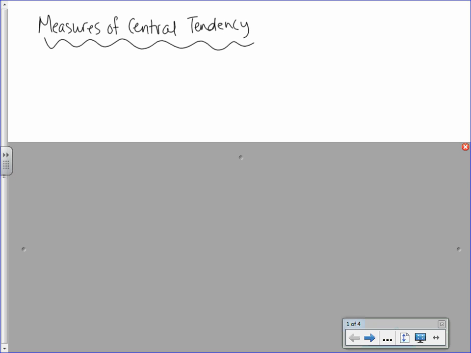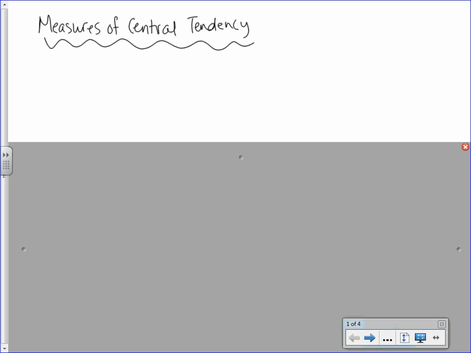So I give you a bunch of data, or the Regents exam gives you a bunch of data, and a measure of central tendency is, give me the gist of this data in one number. It might sound a little overwhelming, but you guys have already done this.